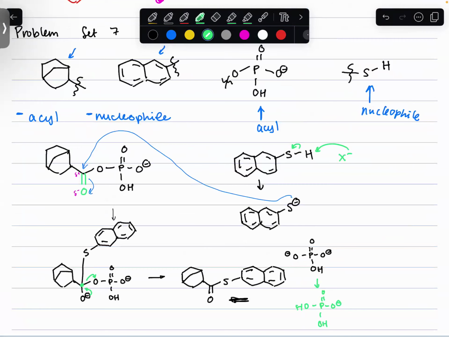Yes, but that's not really a major step that we care about, because the major product that we formed is already neutralized and complete.